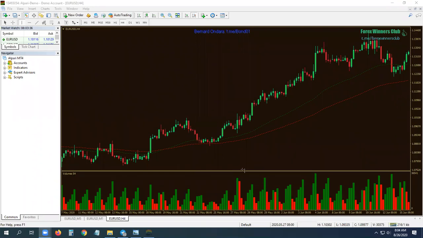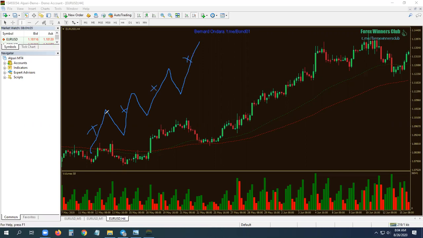Now, we have been saying this is the structure of an uptrend: a low, a high, a low, a higher low, a higher high, a higher low, a higher high, a higher low, a higher high. Volume increases here, here, here, and here.